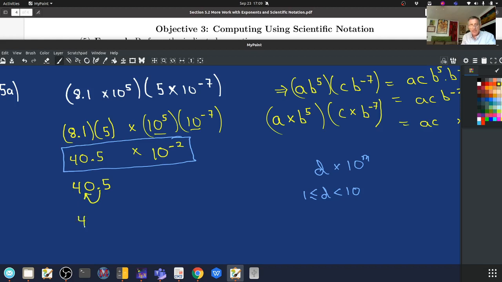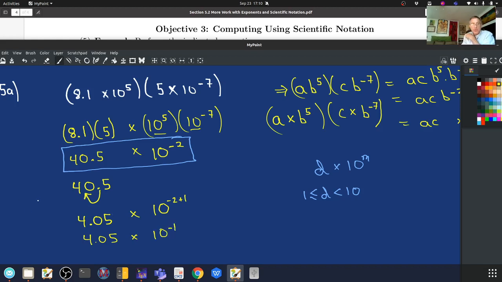So what happened? 40.5 just became a smaller number. So that means I have to multiply it by a larger number. So I add 1 to the exponent. So minus 2 plus 1. So I get 4.05 times 10 to the minus 1.